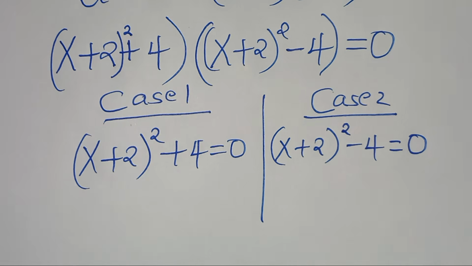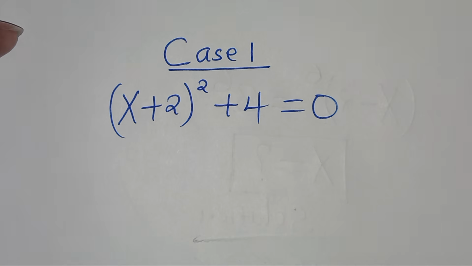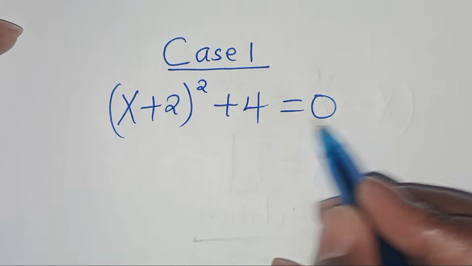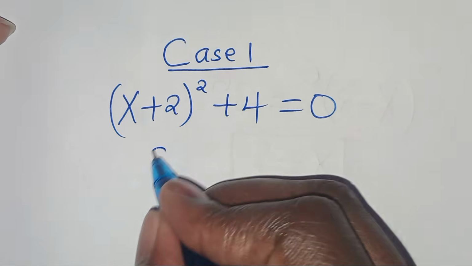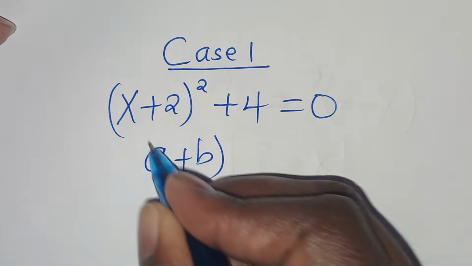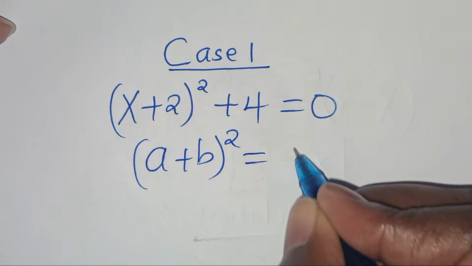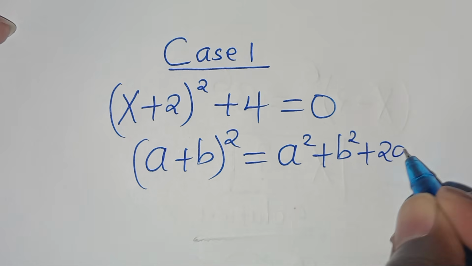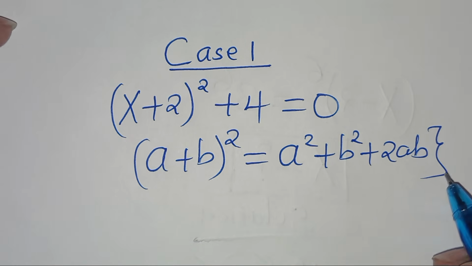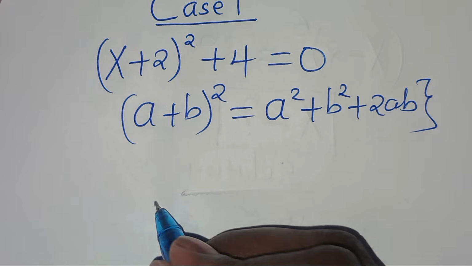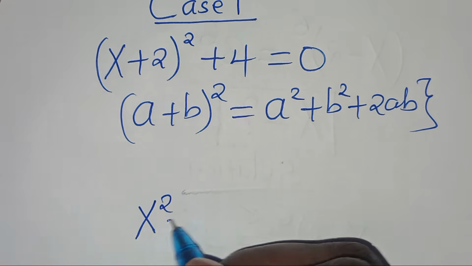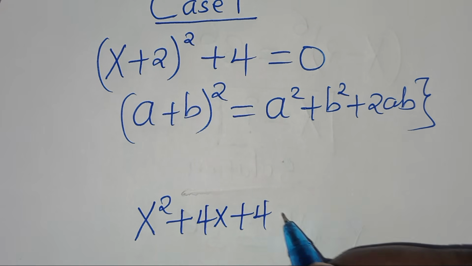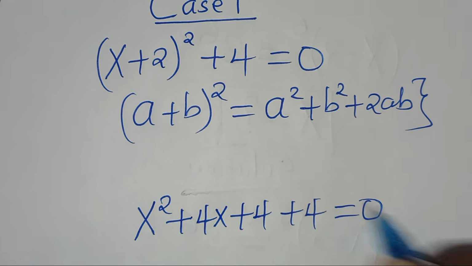Now let's start with case 1. In case 1, we have (x + 2)^2 + 4 = 0. This is in the form (a + b)^2, which can be expressed as a^2 + b^2 + 2ab. Applying this algebraic identity, we have x^2 + 4x + 4, then plus 4, equal to 0.